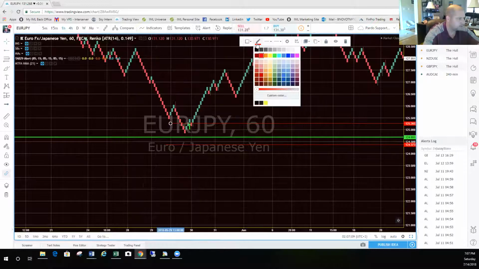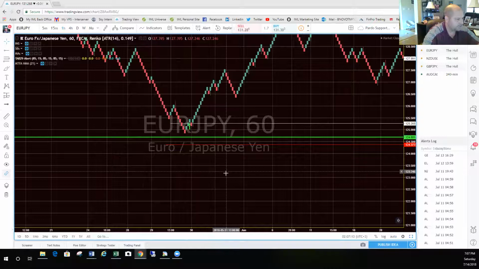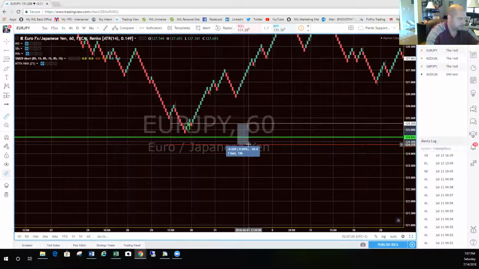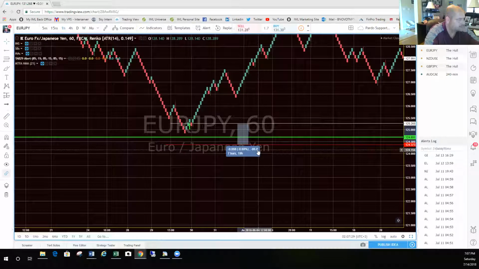We'll just call that white. Okay. So you can see that if you're getting into the trade here and you're putting your stop loss here, you can go ahead and just pull out the measuring device, and you can see that's going to be about an 86 pip stop.